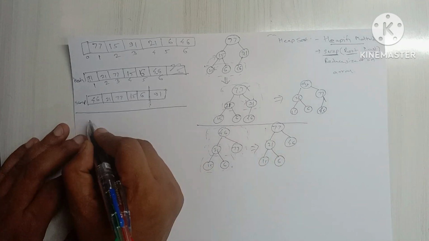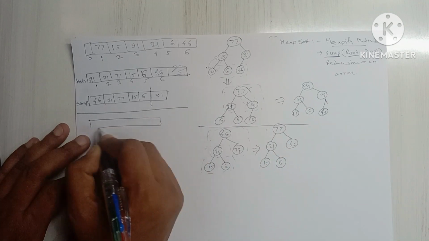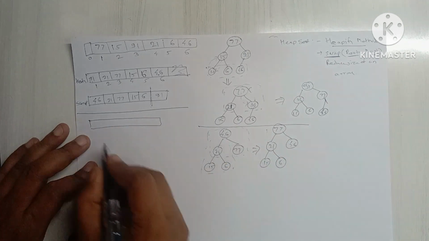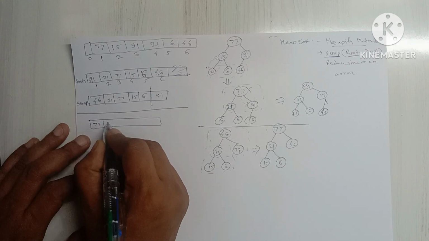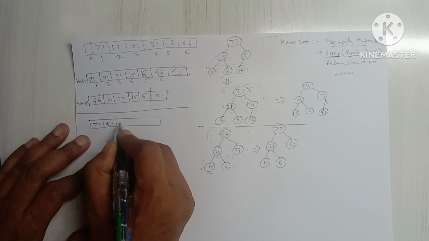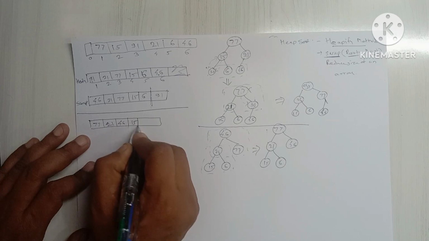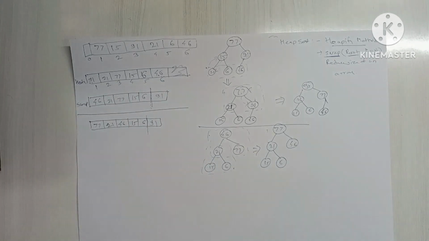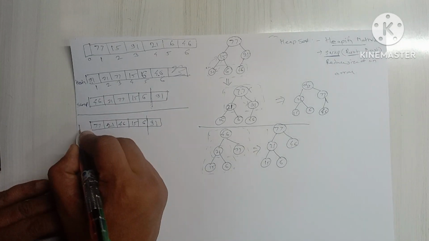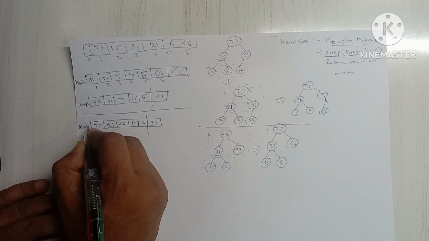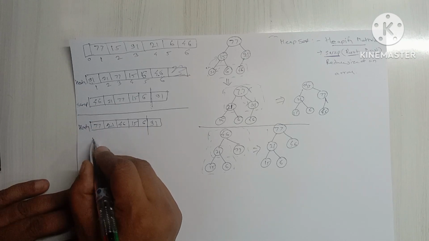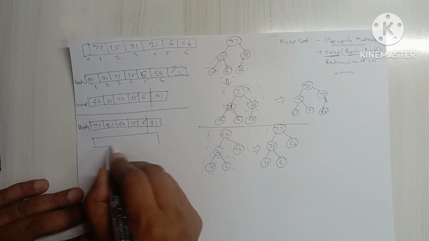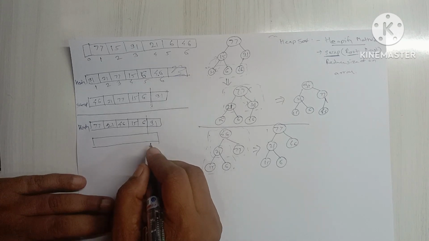So how we can represent that into the array? We can represent that into the array like this. 77 first one, then 21, then 46, 15, 6, and here in the next array there is the 91. So here we have applied Heapify method. So now next step is we need to swap it and reduce the size by 1.